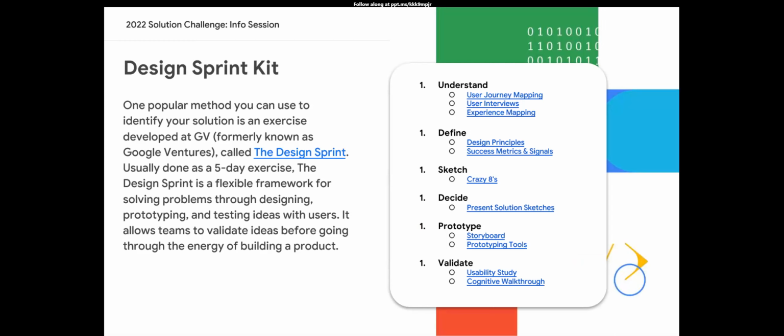So usually a sprint is about 2 weeks long, and there are certain agendas and goals that need to be completed within that sprint. And that's exactly how we are going to approach our solution. And like I said earlier, we're going to follow Google's template. So we're going to follow their design sprint kit to basically come up with a solution.